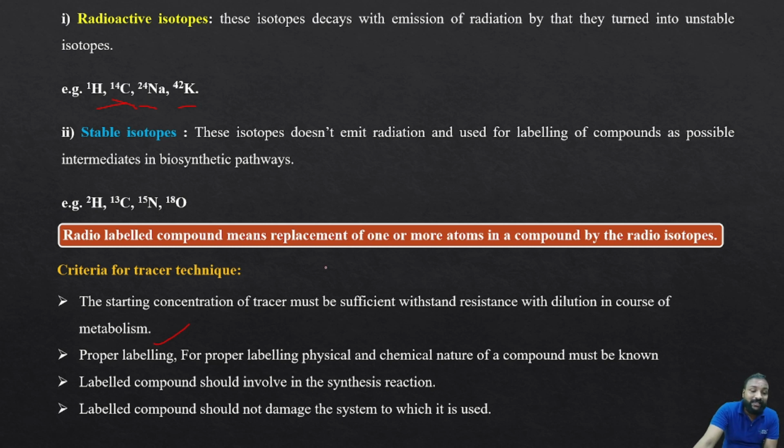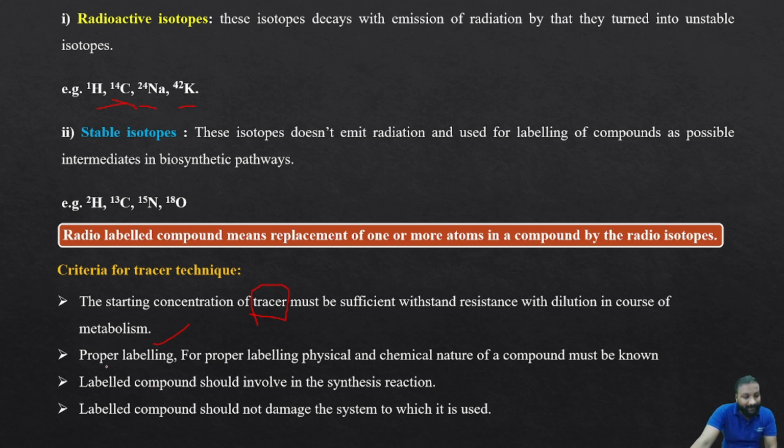The tracer concentration cannot be affected. If it is affected, the emission will be lost and we can't get the product or the pathway or such results.